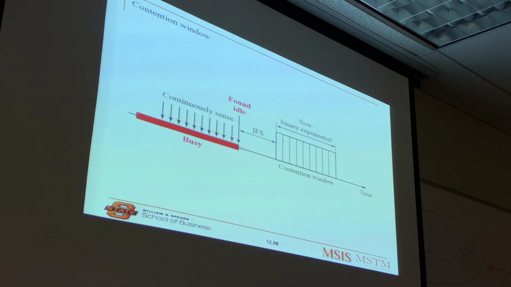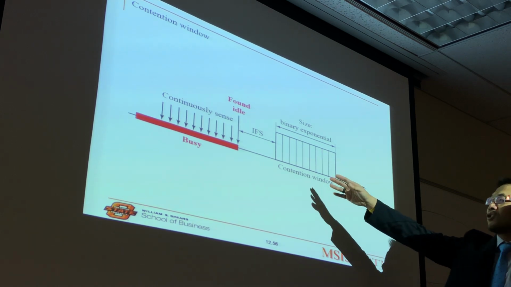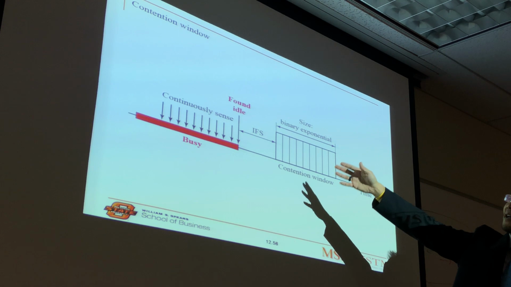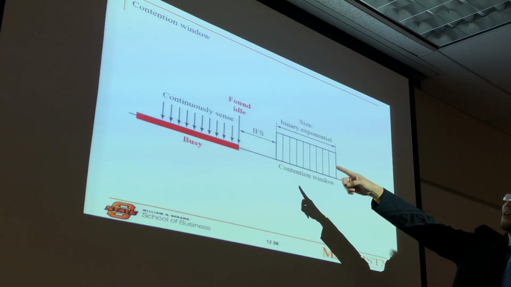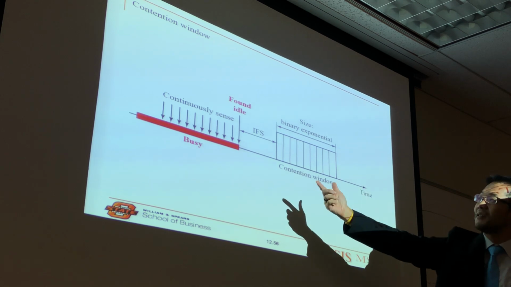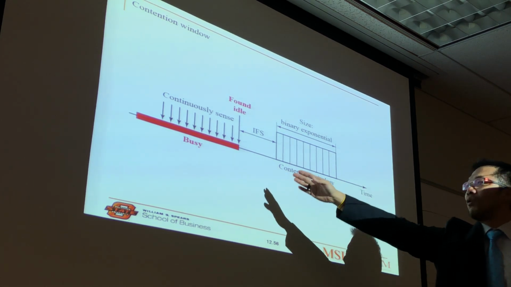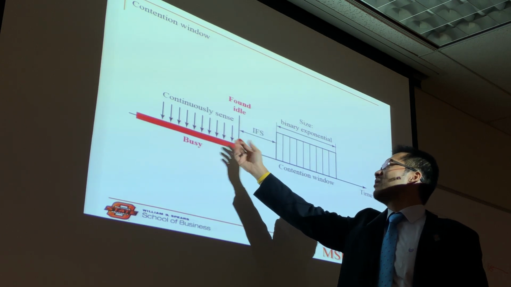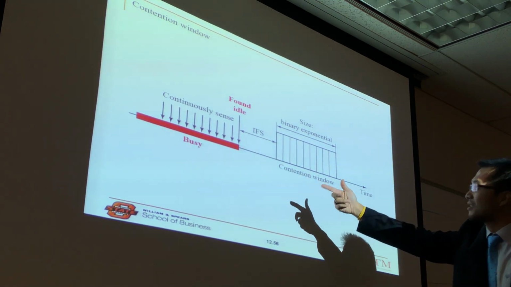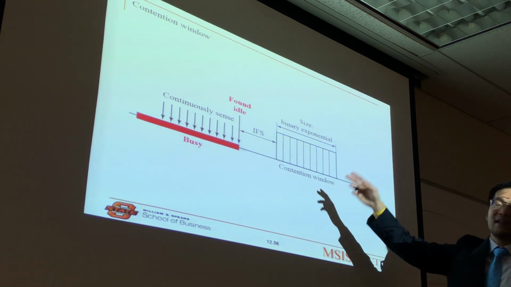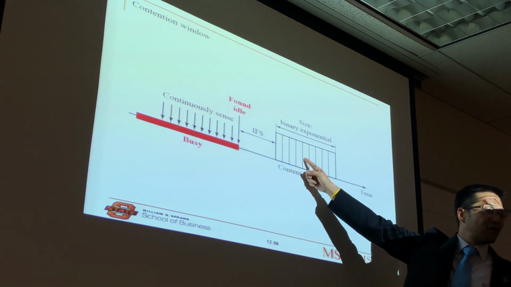This is a contention window. It's a concept where you are waiting. Okay, IFS, interframe space, is the amount of time that you have to wait. So after no one is transmitting, you sense that no one is using the medium, you wait for IFS. And then you wait again, and that's the contention window, where each individual device is assigned a different slot.